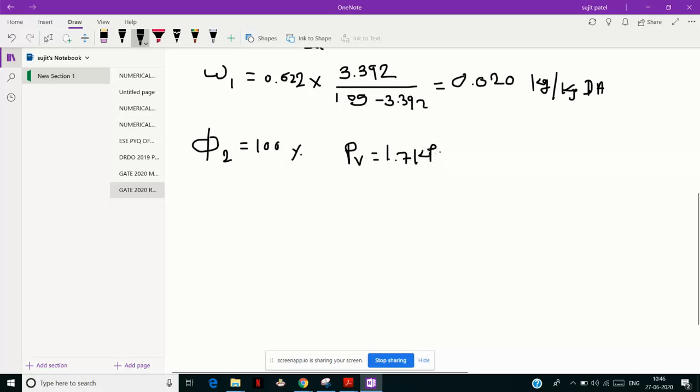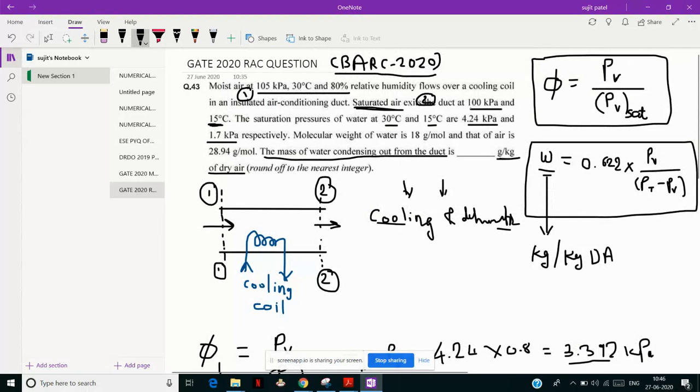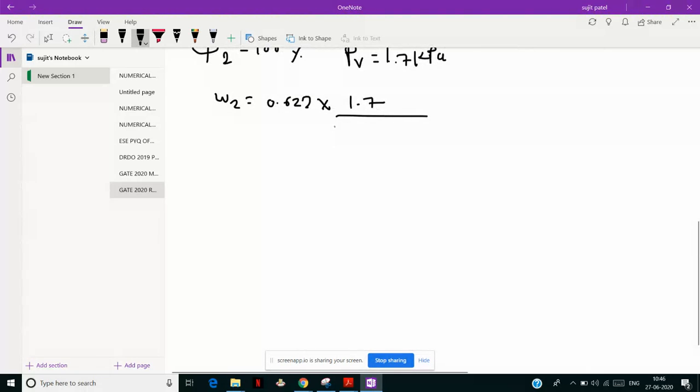Again put all these values in the specific humidity equation: 0.622 times 1.7, upon the total pressure, which is 100 kilopascal at the exit of the duct. When you solve this, it comes out to be 0.010 kg per kg of dry air.